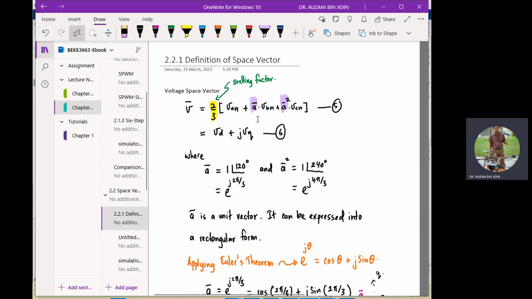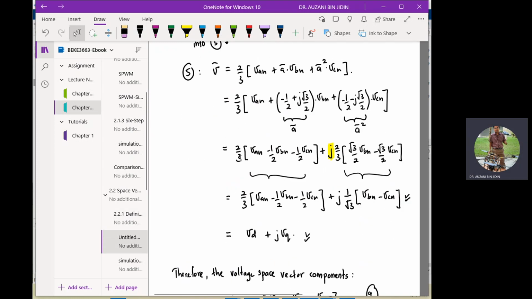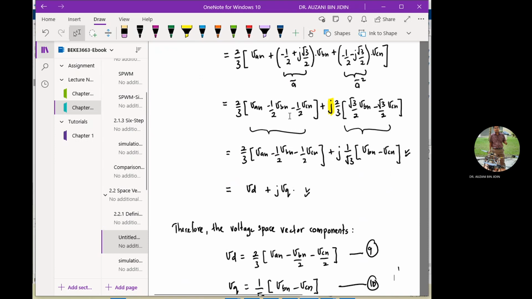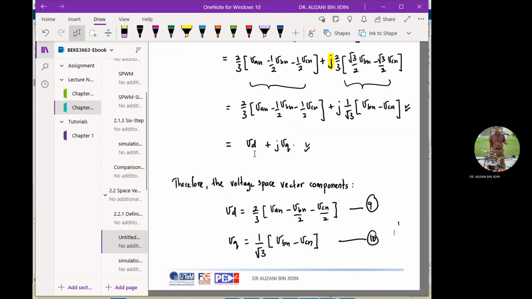Then you substitute the unit vector A into equation 5, expand it and split it into real and imaginary parts. Then you compare with this equation here. Finally you can get the equations of VD and VQ.